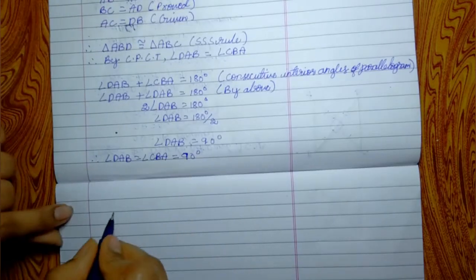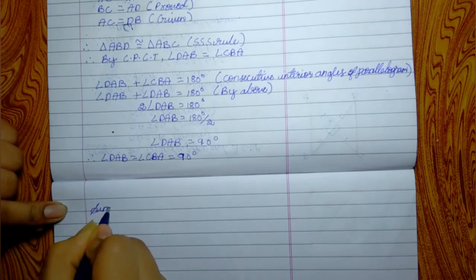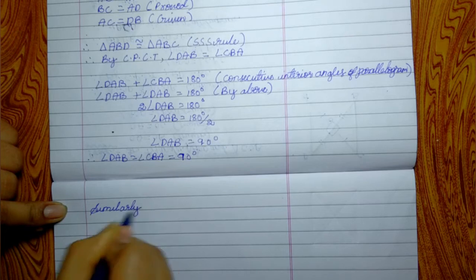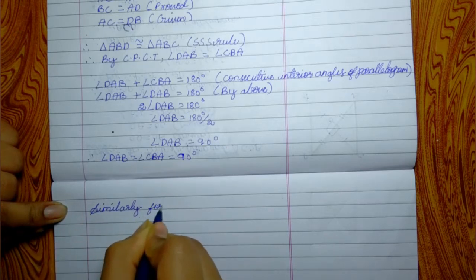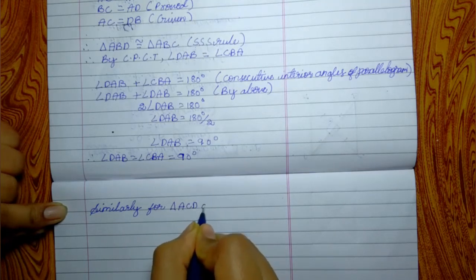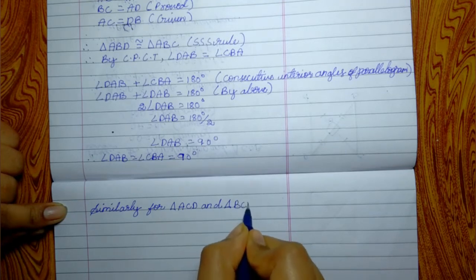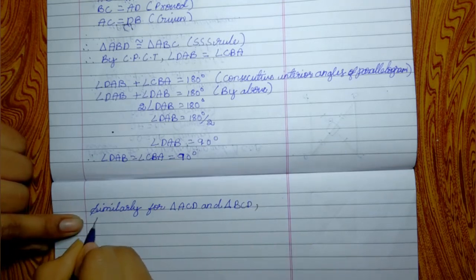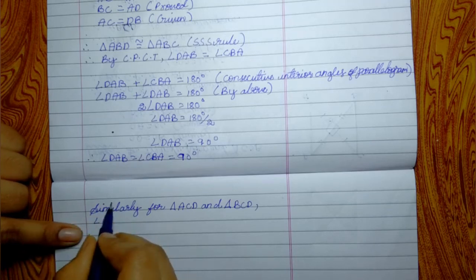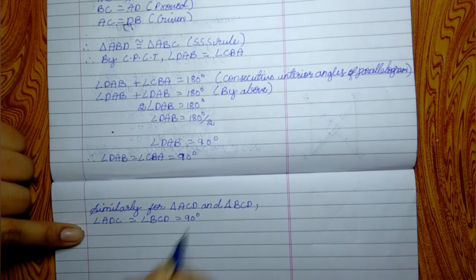So, let me write here, similarly, for triangle ACD and triangle BCD, angle ADC is equal to angle BCD is equal to 90 degrees.